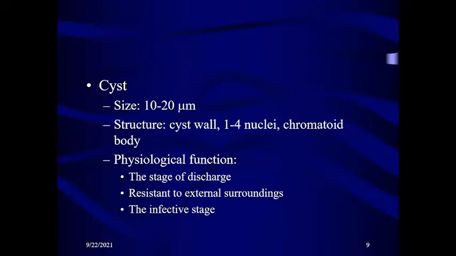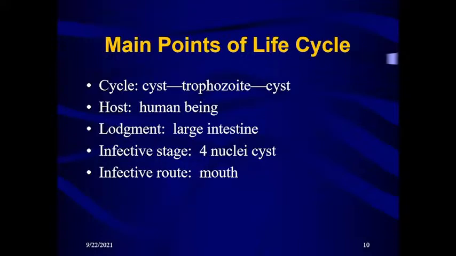Physiological function, depending on the stage of discharge, they are resistant to external surroundings, and then they transform to become the infectious stage with time. Usually we have a cyst, ingestion, then it transforms to a trophozoite, which becomes more cysts.